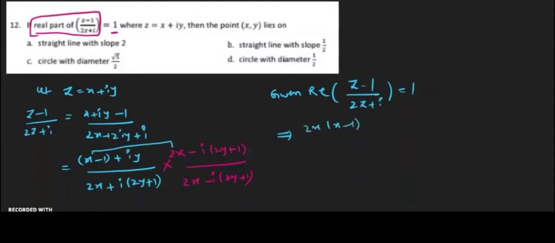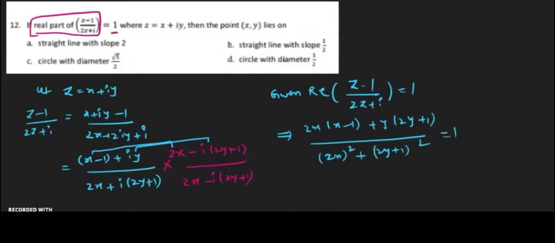So you need not do the total simplification, just focus on the real part. So, given the real part of (z-1)/(2z+i) is equal to 1. So just the real part: 2x into (x-1), next i into i squared value minus 1, plus into minus minus, so plus y into (2y+1), by the denominator, we get (2x)^2 + (2y+1)^2, is equal to 1.